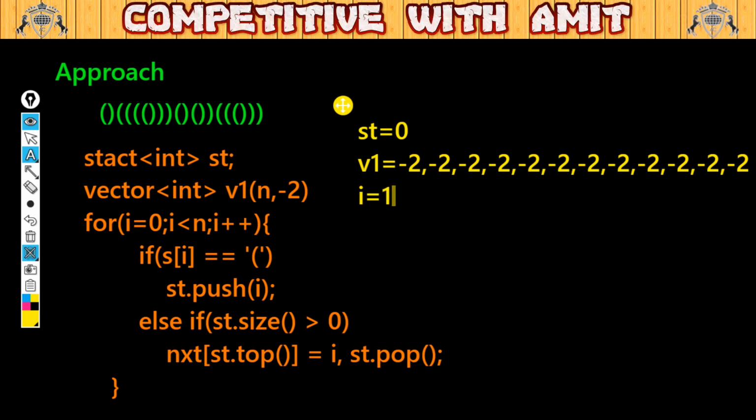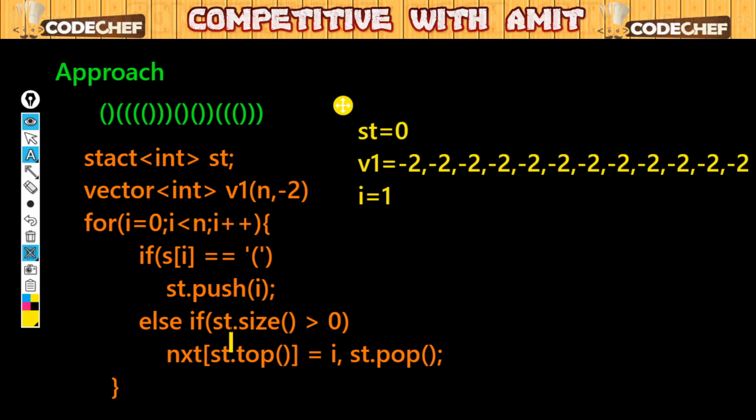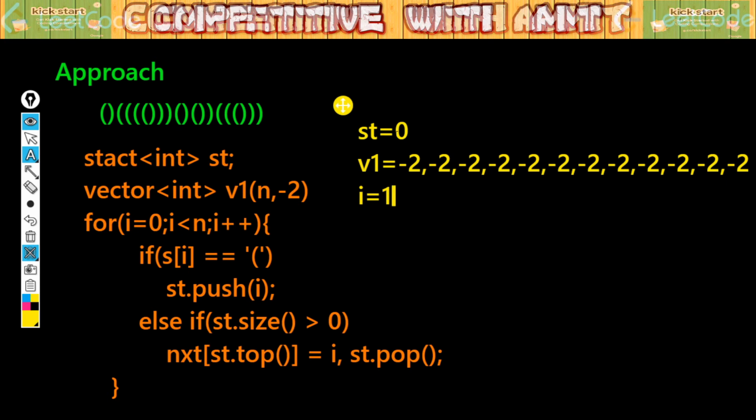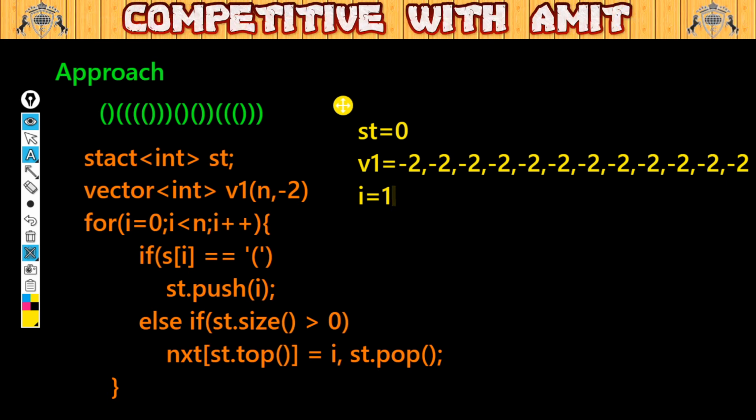At i equals 1, we do not find an opening bracket, so we will go into the else part. Now in else we have to check one condition, whether the size of this stack is greater than 0 or not. So in this case it is 1. So we'll go into this part. Now here v1 will be there, there is some typing mistake.